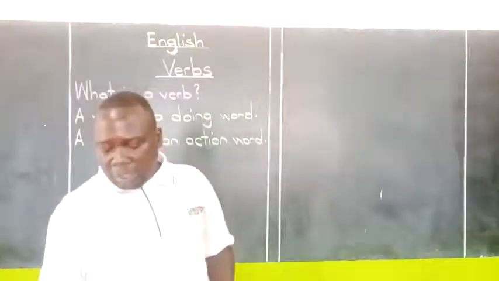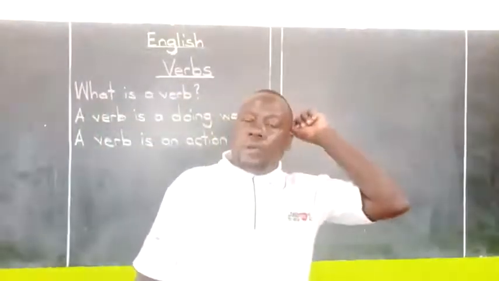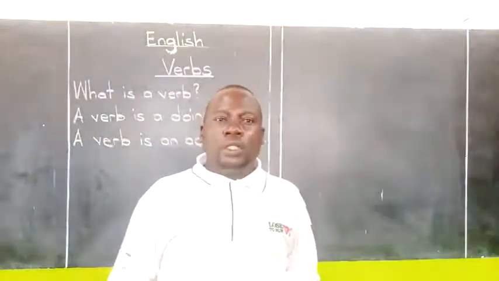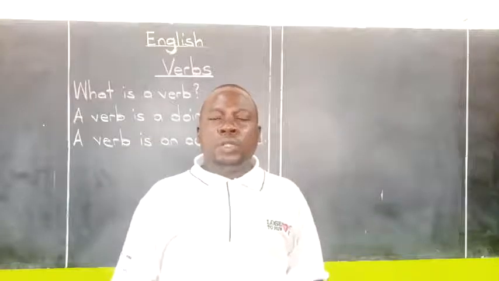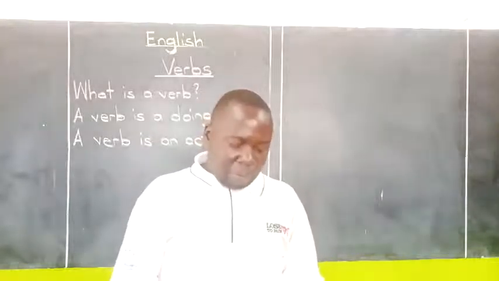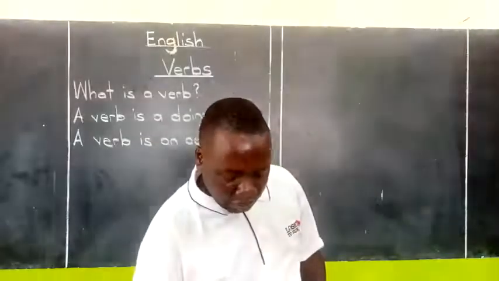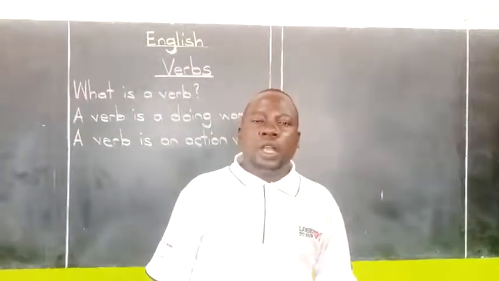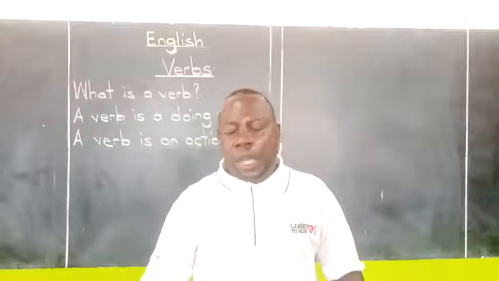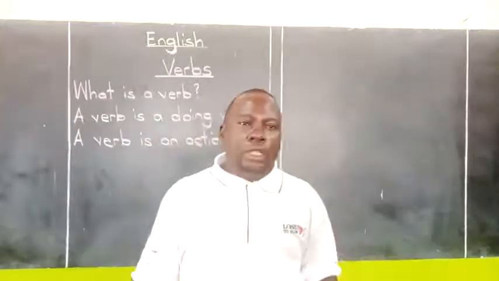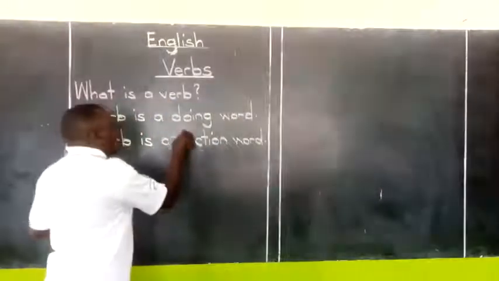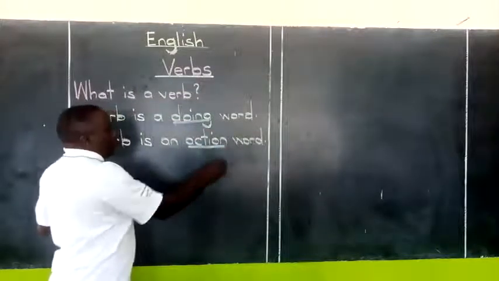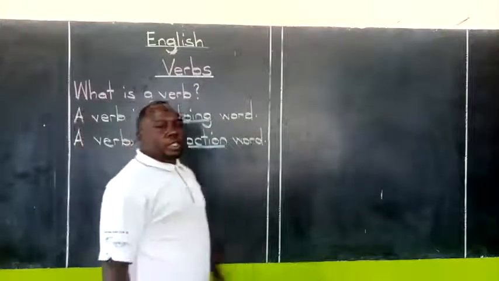These answers, you can form one answer, but for us we have separated them. So a verb is a doing word. Another person can say a verb is an actioning word. We have two words here to underline: doing and action. Doing and action are the same.